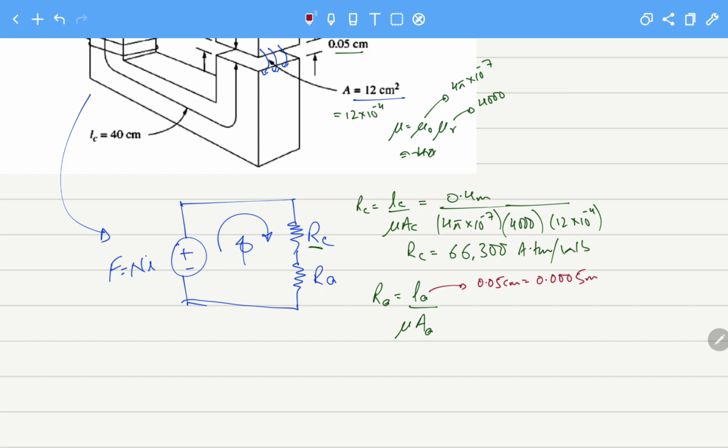So students, be very, very careful. Often students make mistakes because there are many decimal points. For mu, since it is the air gap, mu equals mu naught, where relative permeability is equal to 1.